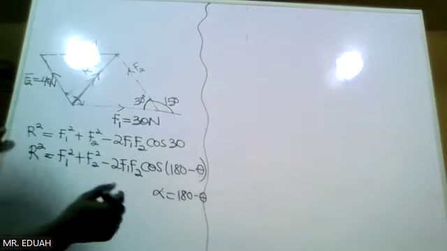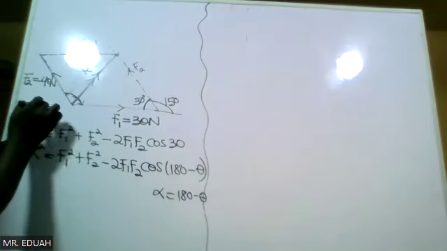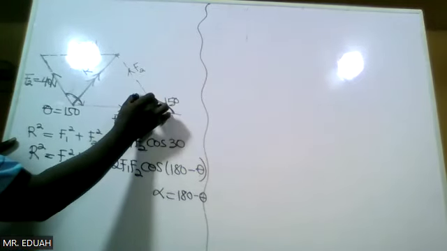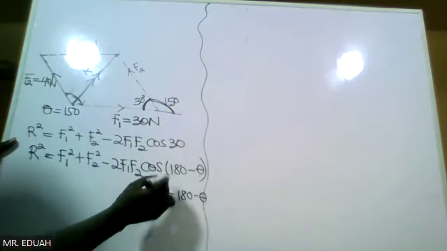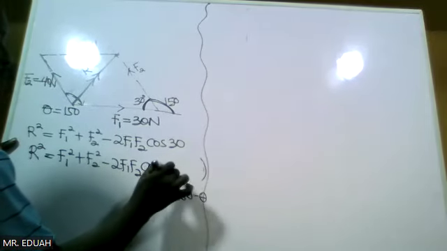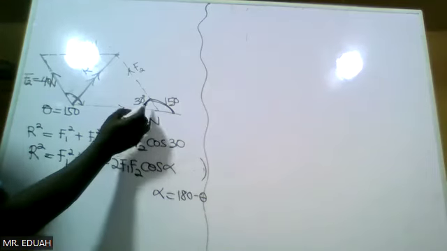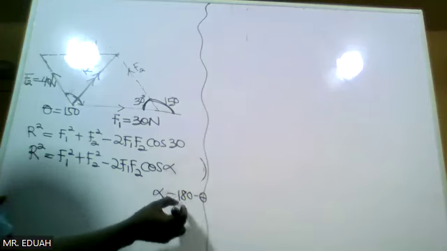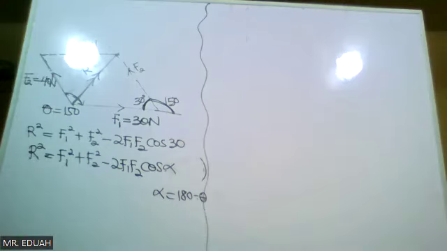But over here, we know theta. They gave us the angle between the vectors to be 150. So if this is 150, then this will also be 150, and alpha will be 30. Originally it should have been cos of alpha, and because we know alpha, we are representing it by the value 30 degrees. Or you can also put in cos 180 minus 150, which will still be cos 30.